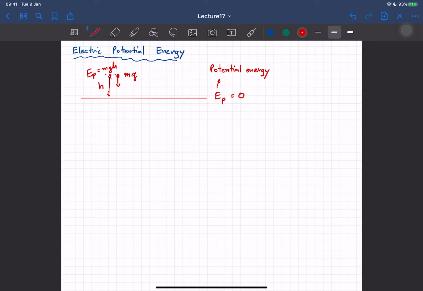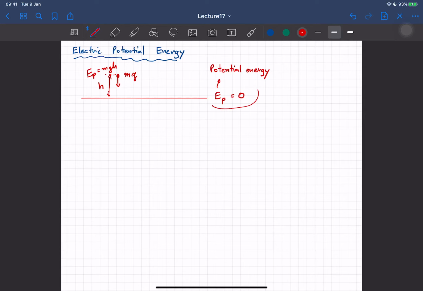You use conservation of energy to calculate the speed of something: potential energy plus kinetic energy is the total energy, and that is conserved. So potential energy is mgh, where h is the height above the ground, which we define to have potential energy 0.